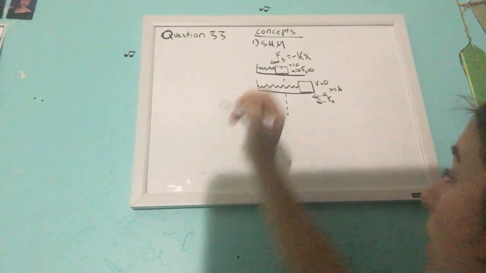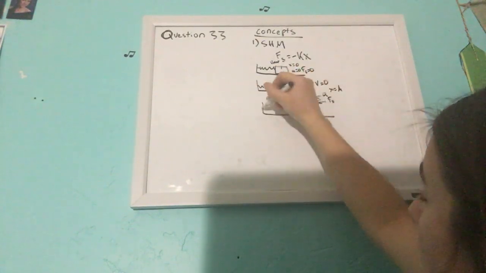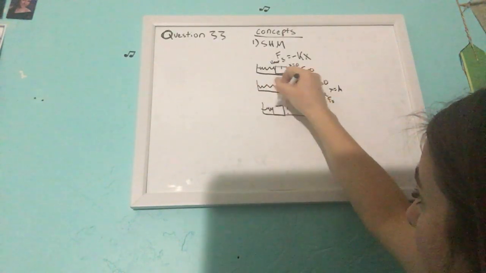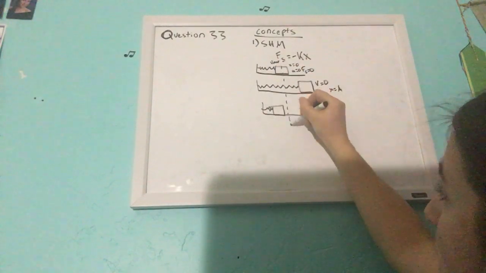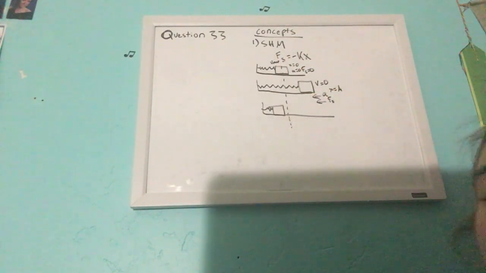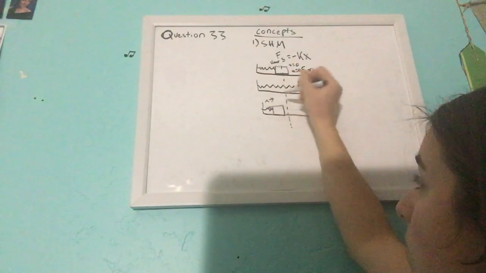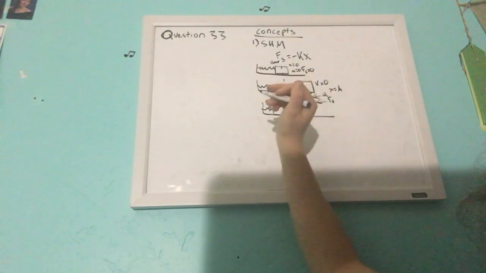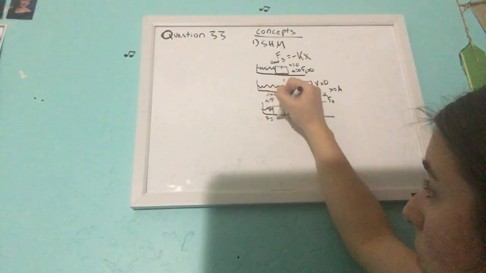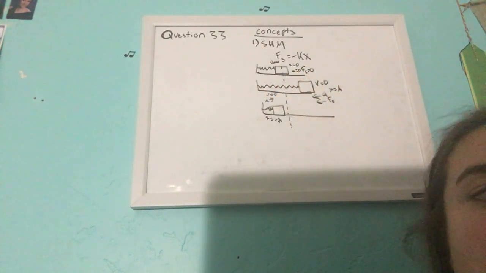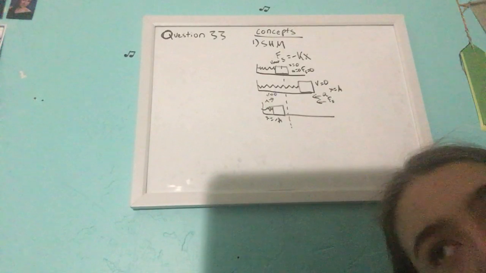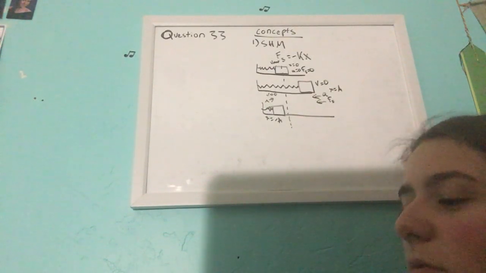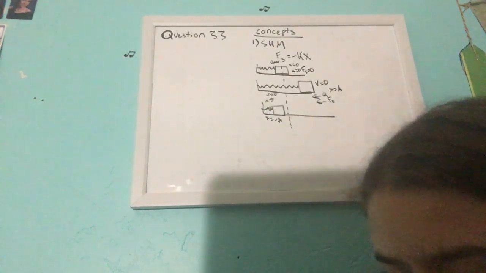Lastly, on the other end, acceleration will be going this way, velocity will be 0, and we will have x equal to the negative. So that shows the basic parts of simple harmonic motion.